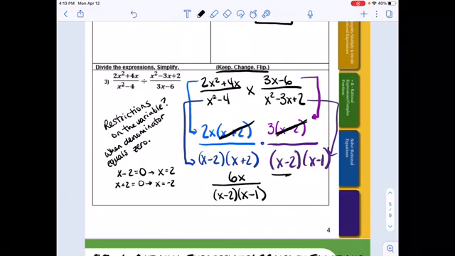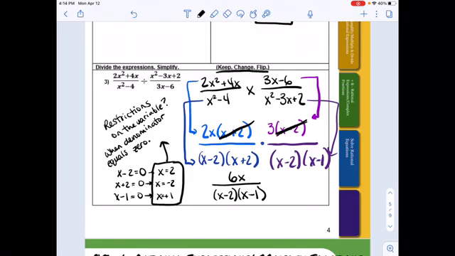If there's a repeated one like this, you don't need to write it twice. All right, so these would be your restrictions on your variable. x cannot equal those things. Even though 2 of them end up getting canceled out, they still can't equal those.